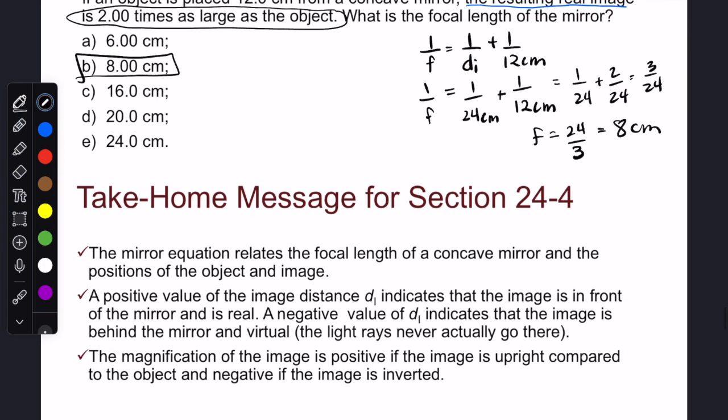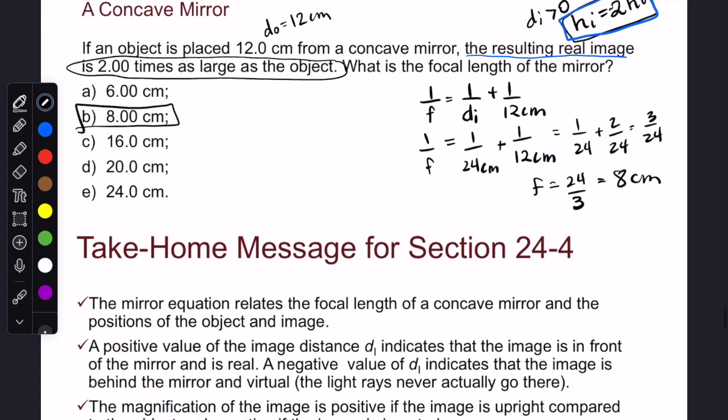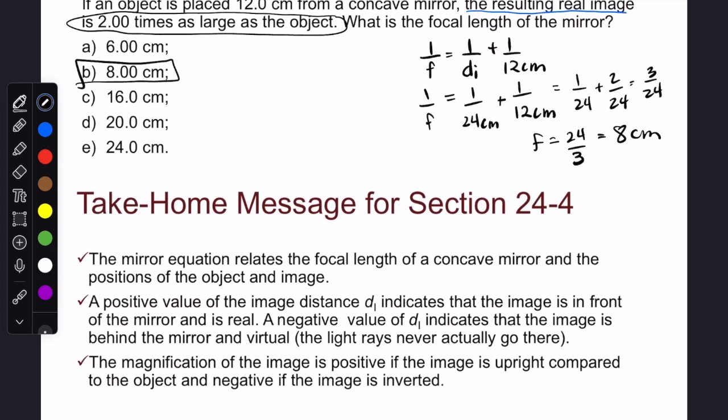So to wrap up, we used the mirror equation to relate the focal length or the radius of curvature to the image and the object's positions, right? And we applied the sign conventions properly. And we also, from the got the concept, had to really think about where this object is.